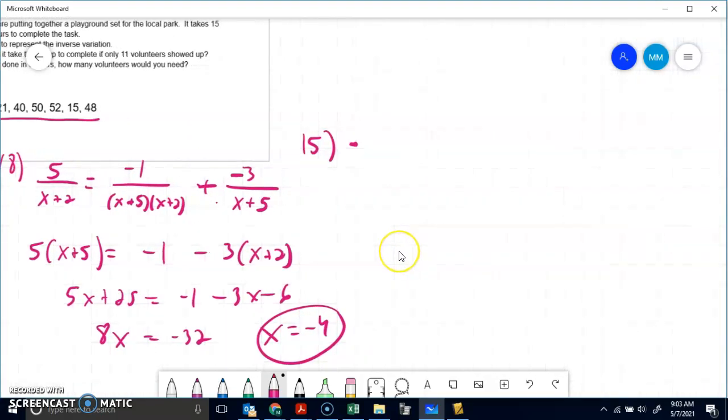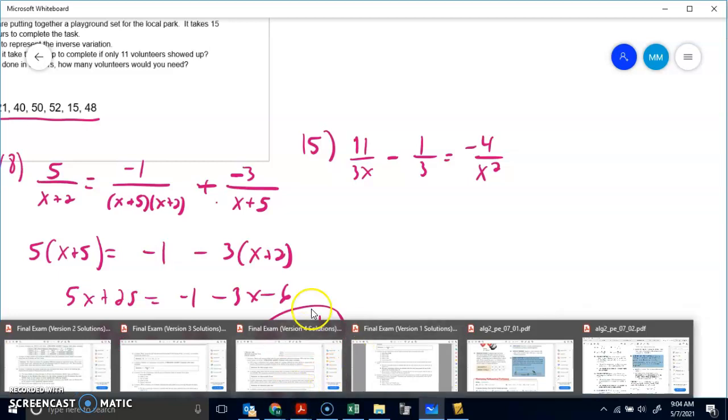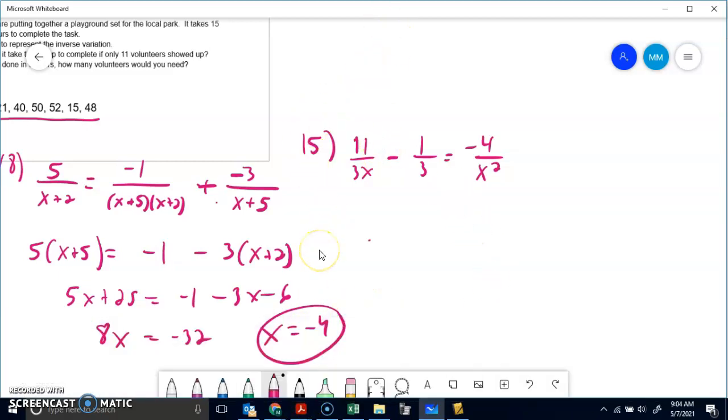Alright, let's take 15 on here. So I have 11 over 3x minus 1/3 equals negative 4 over x squared. Yeah, I think this is a factoring one. Okay, so GCF. 3 that, okay, yeah.